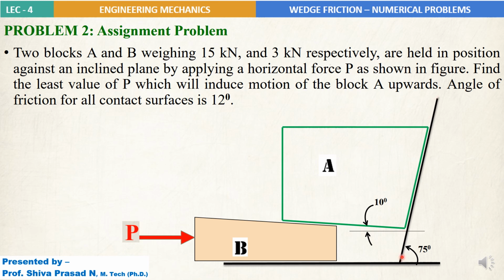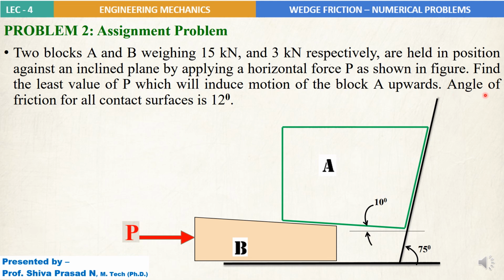There you had a vertical plane, and here you have an inclined plane on which the blocks are resting, and this angle of inclination is given to be 75 degrees, and of course the contact surfaces are inclined at 10 degrees with respect to horizontal, and you are required to find the horizontal force P to cause impending motion of block A. So that's what they have asked here.